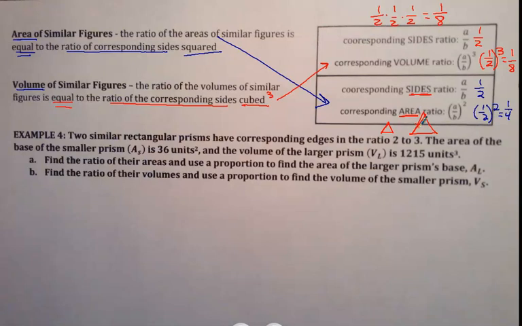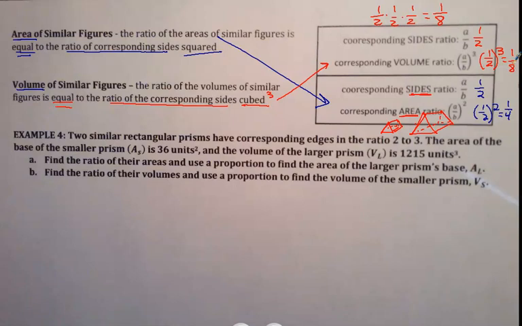The volume between these two, if it was a 3-dimensional shape, would be 8 times bigger. So if the volume of this one was 1 cubic unit, the volume of this one would be 8 cubic units. Okay.